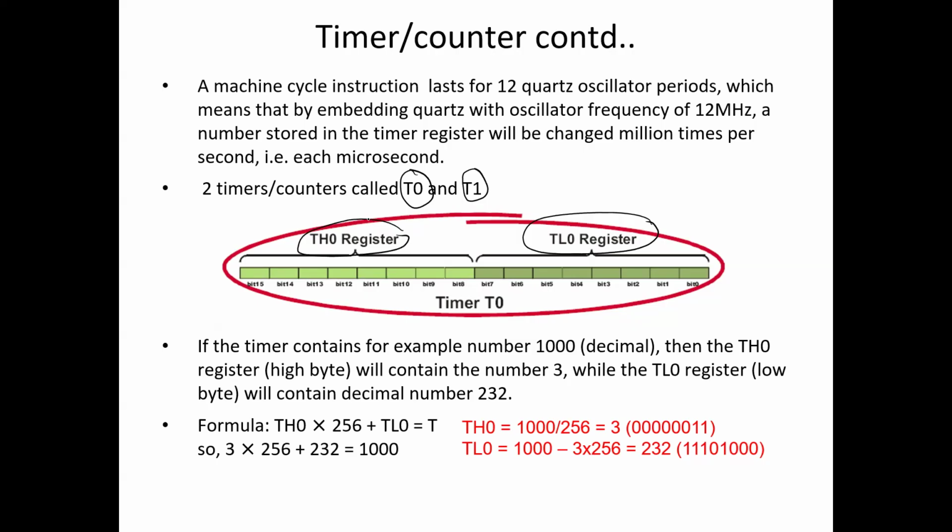If the timer contains, for example, the decimal number 1000, then the TH0 register high byte will contain the number 3, while the TL0 register low byte will contain the decimal number 232.